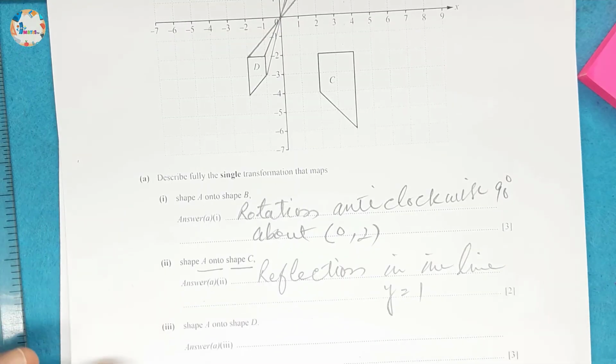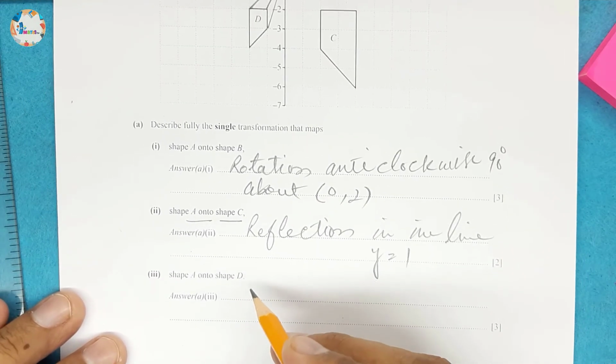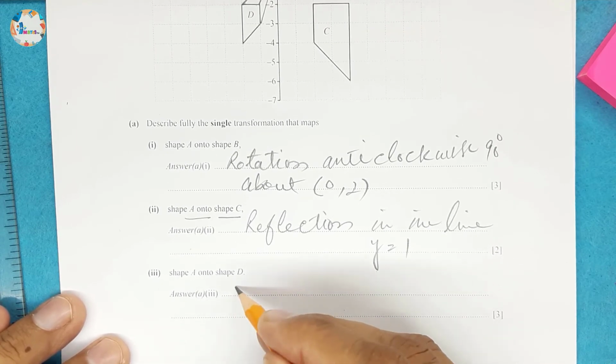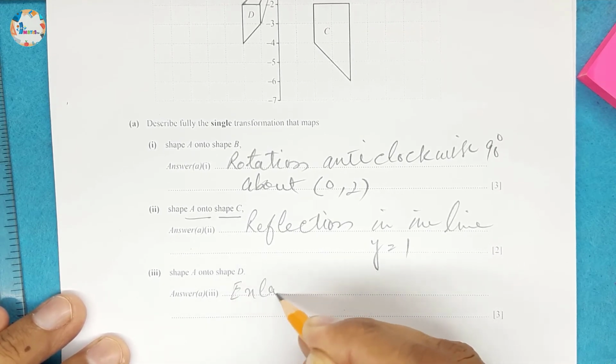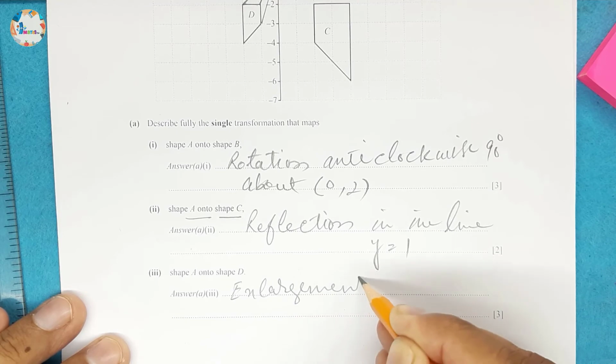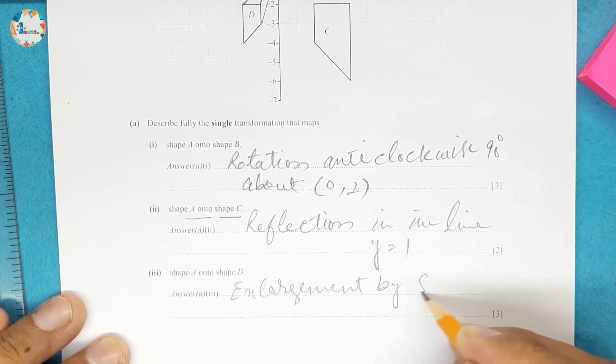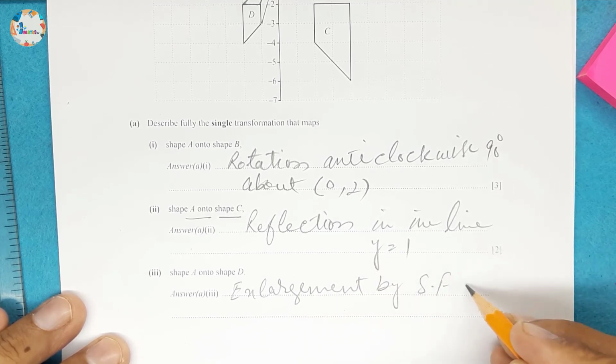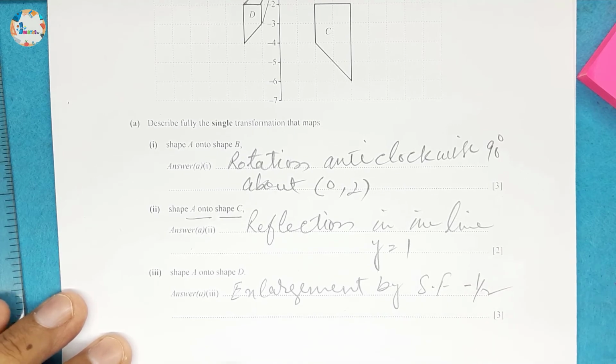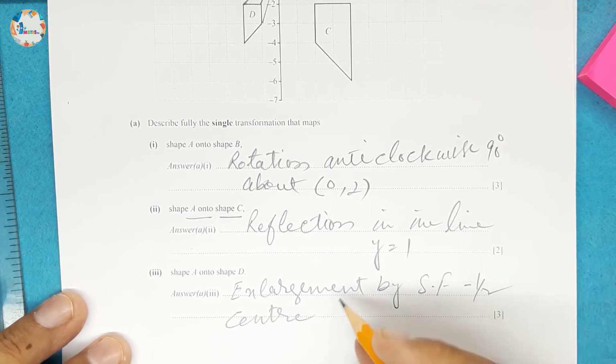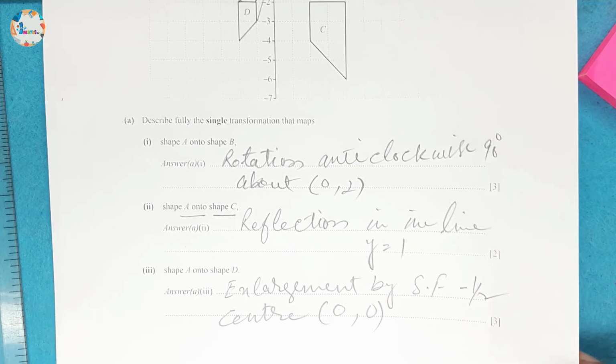So we can write this will be enlargement by scale factor minus 1 by 2, and center of enlargement we can give as 0 0, so 0 0 will be the center of enlargement.